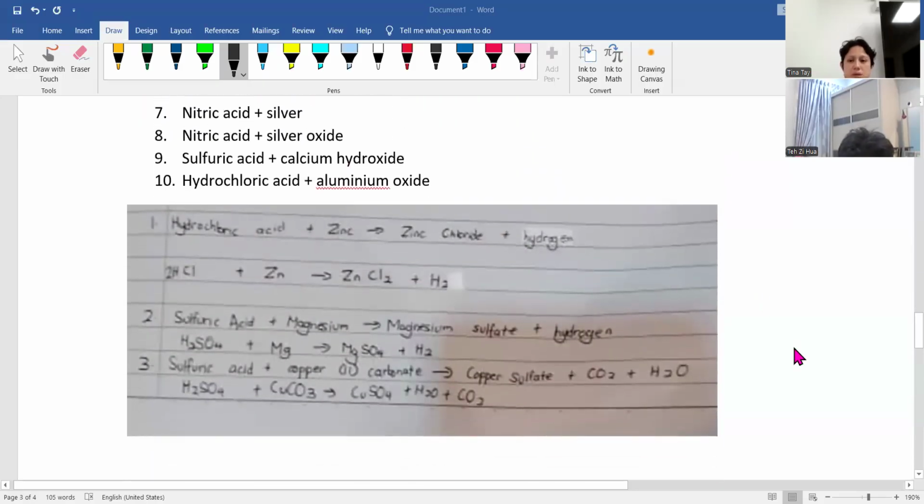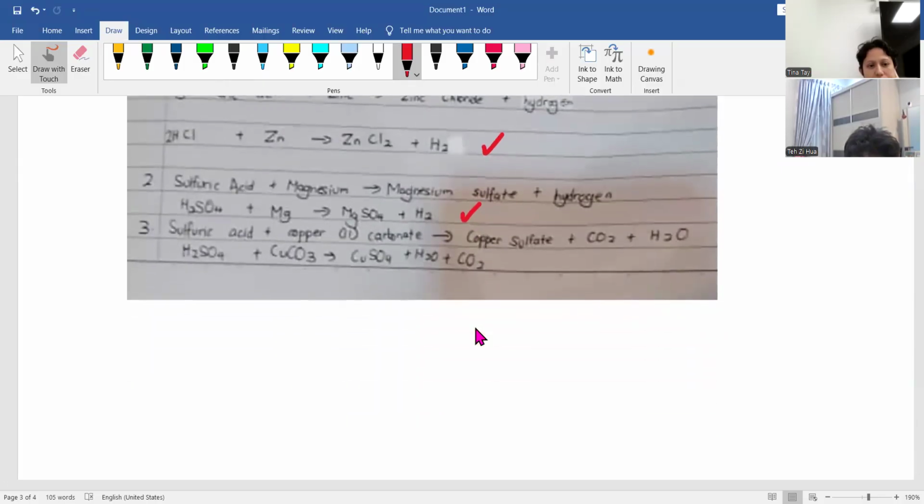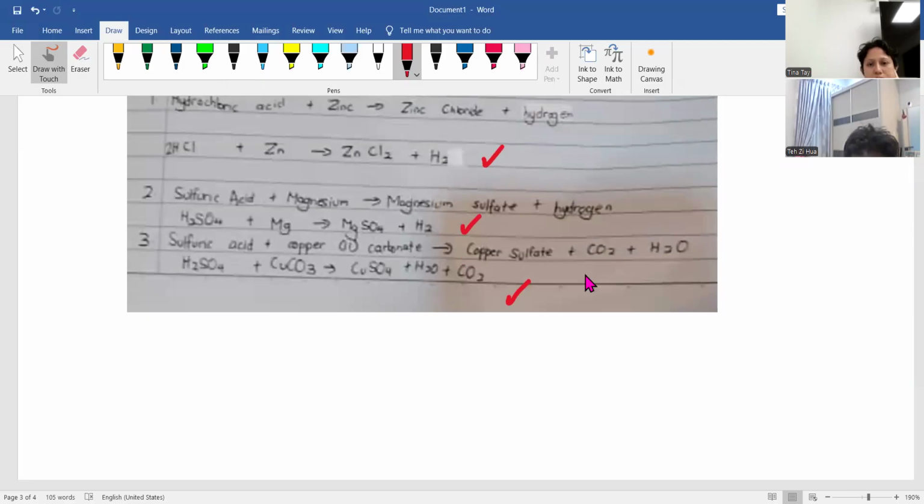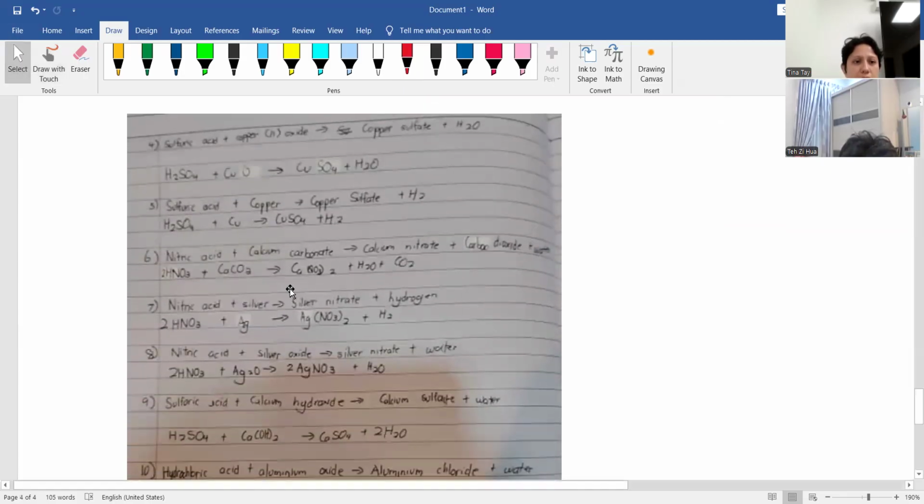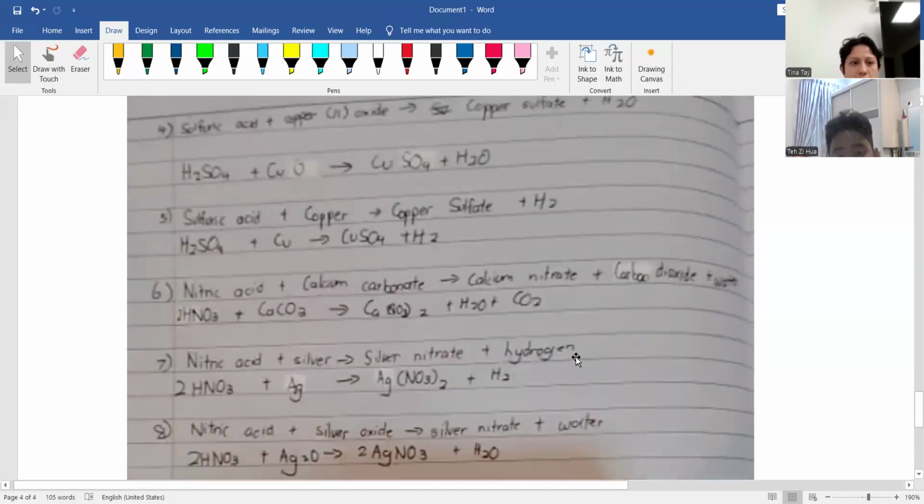Let's look at this. You must call it copper(II) sulfate.